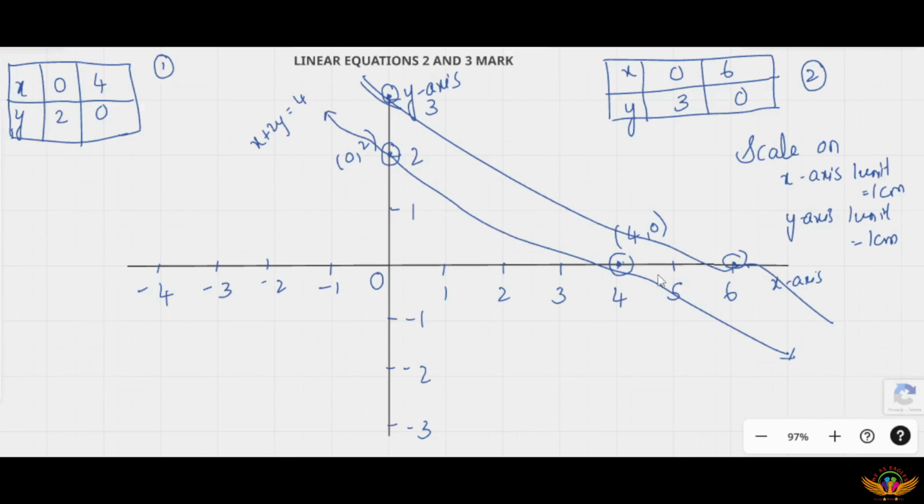Sorry, I'm not drawing it straight, because I don't have a proper scale here. So let me draw it neatly again. You put a scale, a straight line you have to draw. Just join the points. So it goes like this. Oh my god, it's really horrible for me.